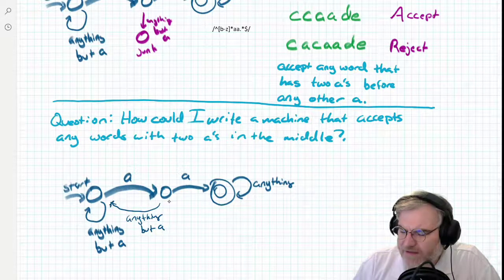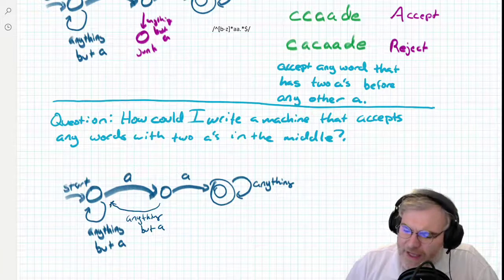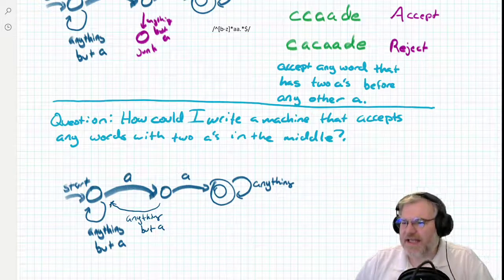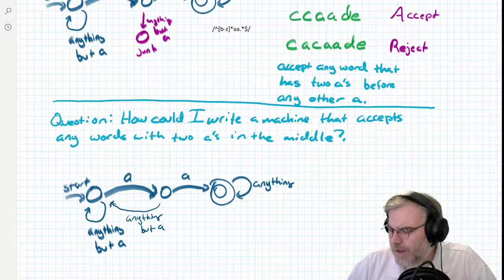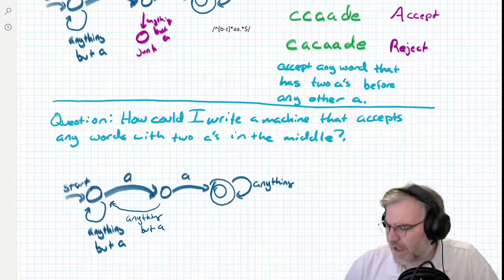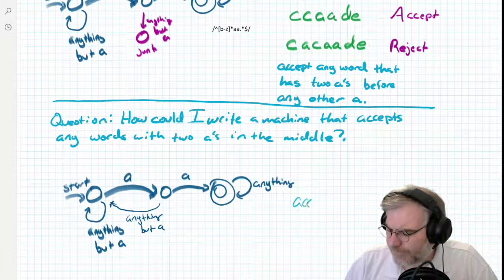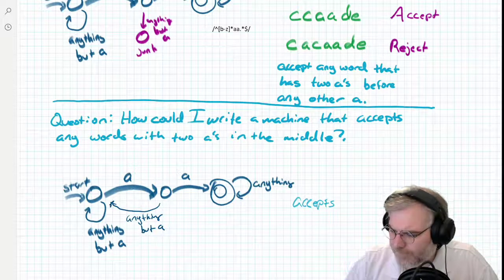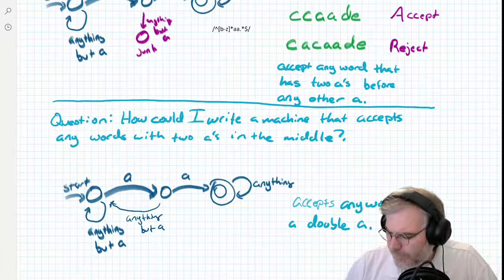So this allows for single A's first, but then I skip back to the beginning if I wound up with a single A and waited for a double A. So this accepts any word with a double A. Okay.